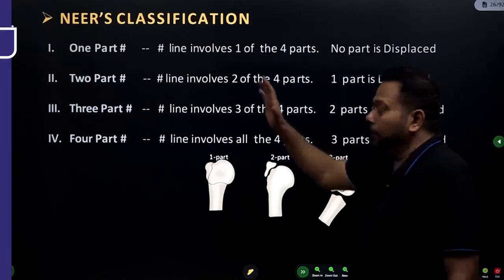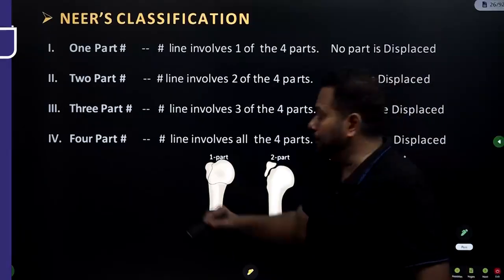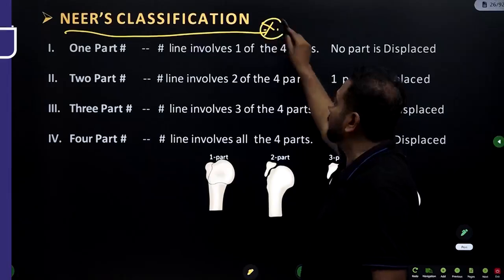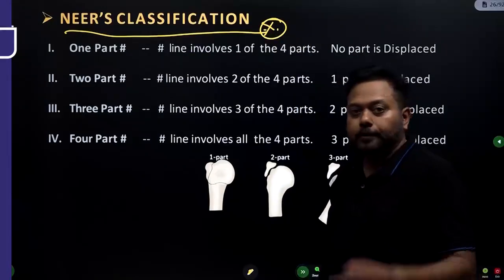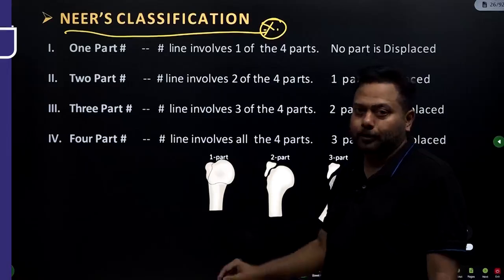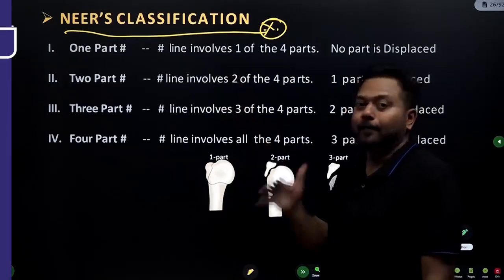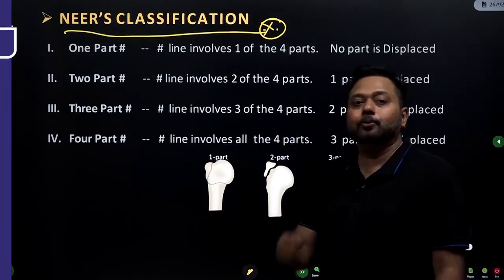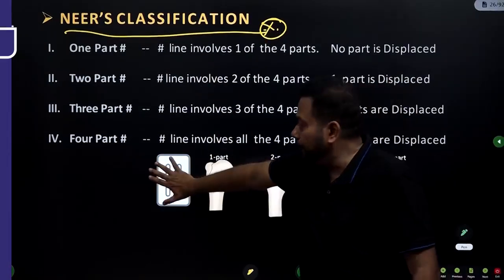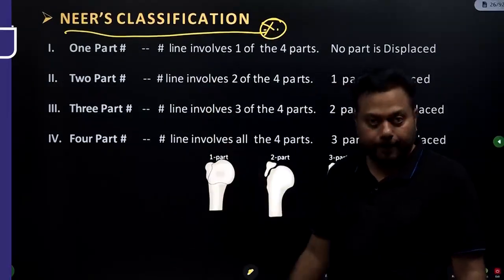With this, we will see what Neer's classification is. It is a repeatedly asked MCQ, very, very important in NEET PG. It is divided into 4 parts: 1 part, 2 parts, 3 parts, 4 parts fracture. Only when you classify what type of proximal humerus fracture it is can you fix the treatment, because the treatment is totally different for all the 4 types.